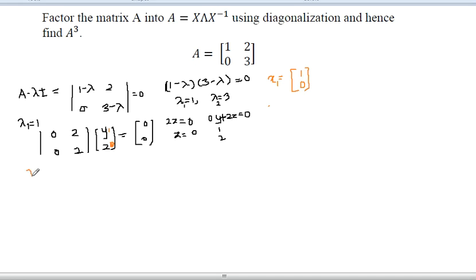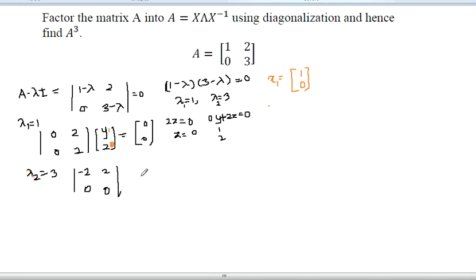Similarly, let's go for finding for λ2 is equal to 3. When we substitute, we get the A minus λI matrix as 1 minus 3, which would be minus 2, 2, 0 and 3 minus 3 would be 0.